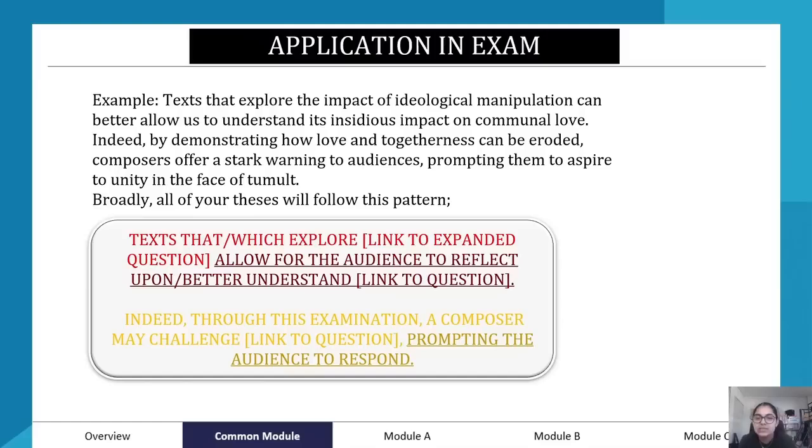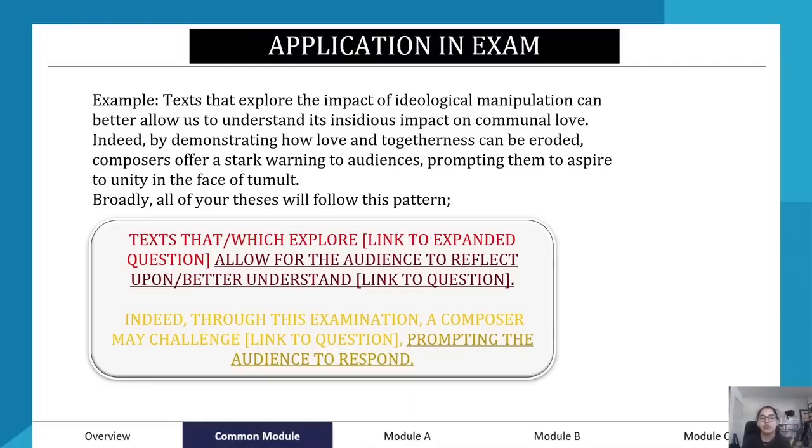For example, texts that explore the impact of ideological manipulation can better allow us to understand its insidious impact on communal love. Indeed, by demonstrating how love and togetherness can be eroded, composers offer a stark warning to audiences, prompting them to aspire to unity in the face of tumult. Broadly, all of your theses have to follow this pattern. You can obviously change things around, but this is the key.